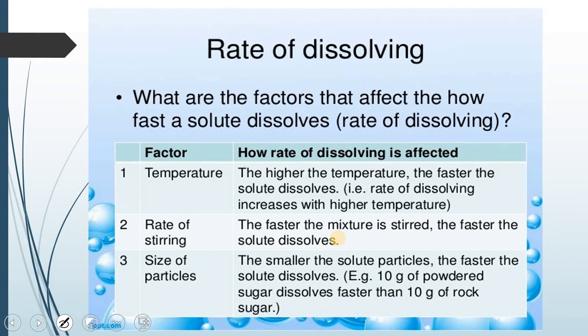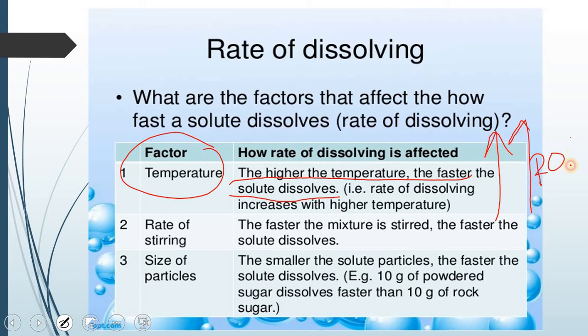So we're going to look more thoroughly. The first factor is temperature. As I said just now, the higher the temperature, the faster the solid dissolves. So this means the higher the temperature, the higher the rate of solubility, ataupun rate of dissolving.